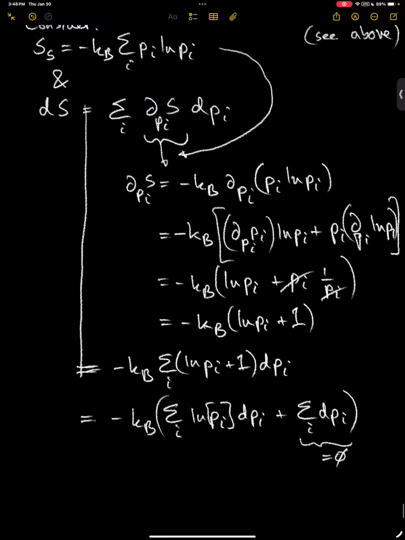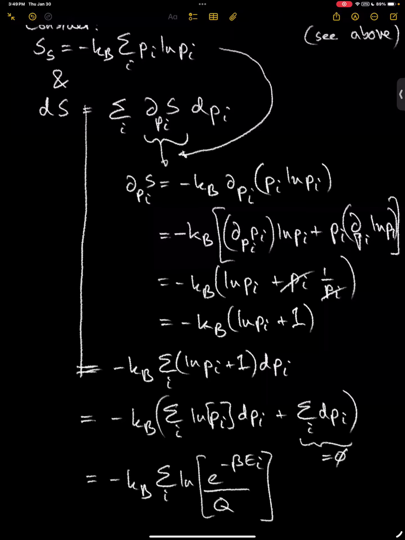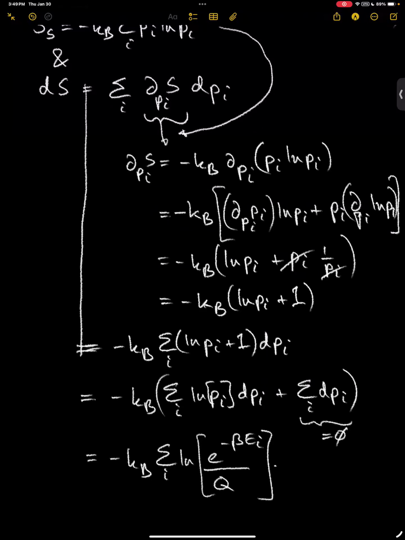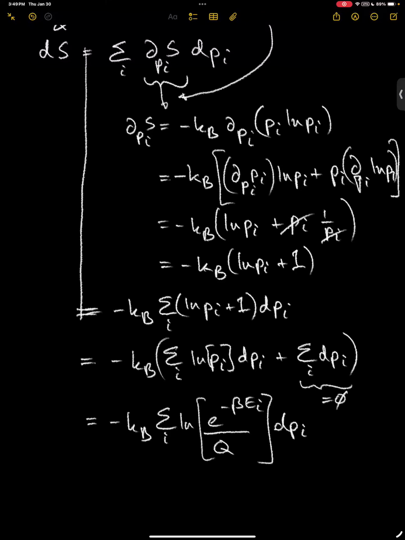So this then means what I'm left with is this kB, my sum over the logarithms. And now let's insert back again our Boltzmann factor over q times the change in the probability, right?